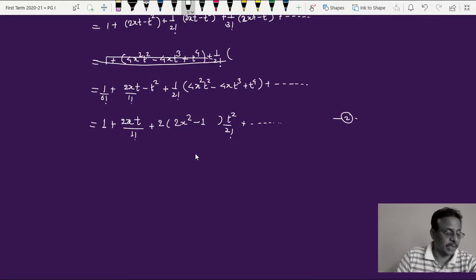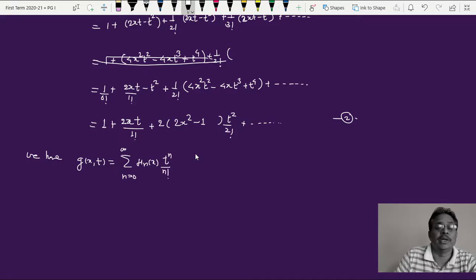As per our earlier definition, we have g of x, t is equal to summation over n equal to 0 to infinity, hn of x into t raised to n upon n factorial. If it is expanded for all values of n, first will be h0 of x into t raised to 0 upon 0 factorial.